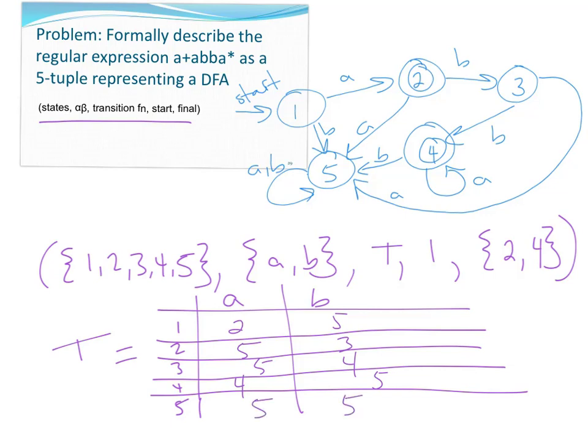So there you go. That is our regular expression described as a five-tuple that represents the DFA. So really the purple is the answer to this question, right? The blue we just did to figure it out.